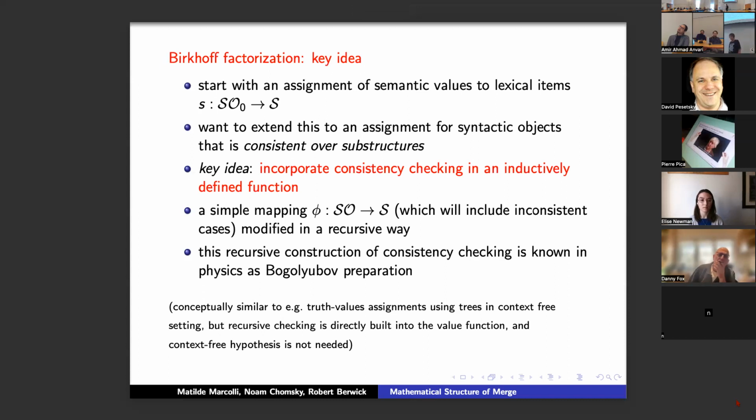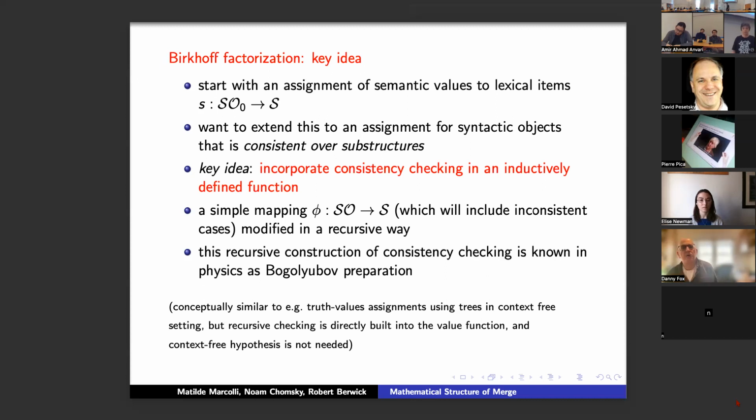Okay, so now, as I said, we want to borrow some canons from physicists and use them to address this setting. So here's the main way that physicists do this type of checking over substructures.